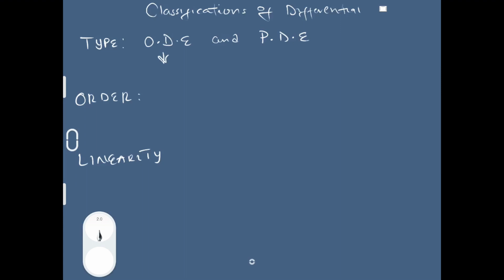For an ordinary differential equation, we have one independent variable.